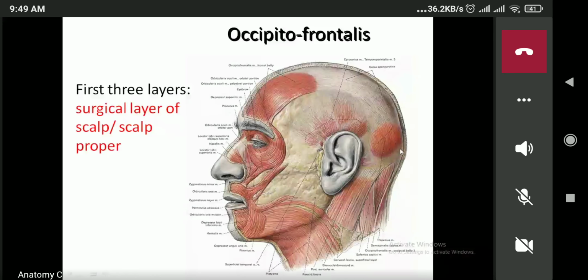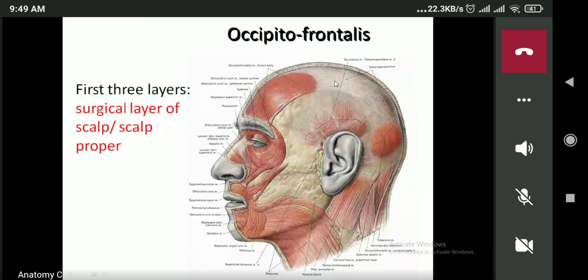Here, it arises from the lateral two-third of the superior nuchal line of the occipital bone, and also the adjacent part of the mastoid bone. The muscle fibers rise upward and are inserted within the galea aponeurotica. So this aponeurosis between the frontal and occipital belly is the epicranial aponeurosis, or galea aponeurotica.